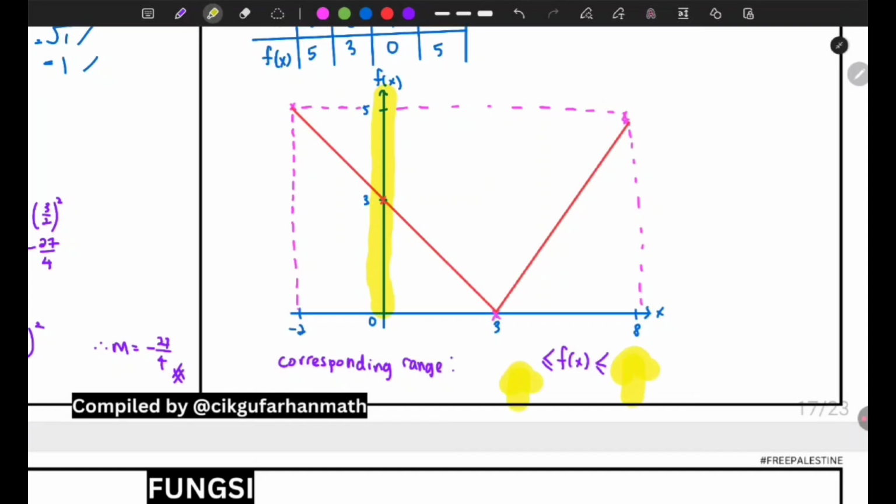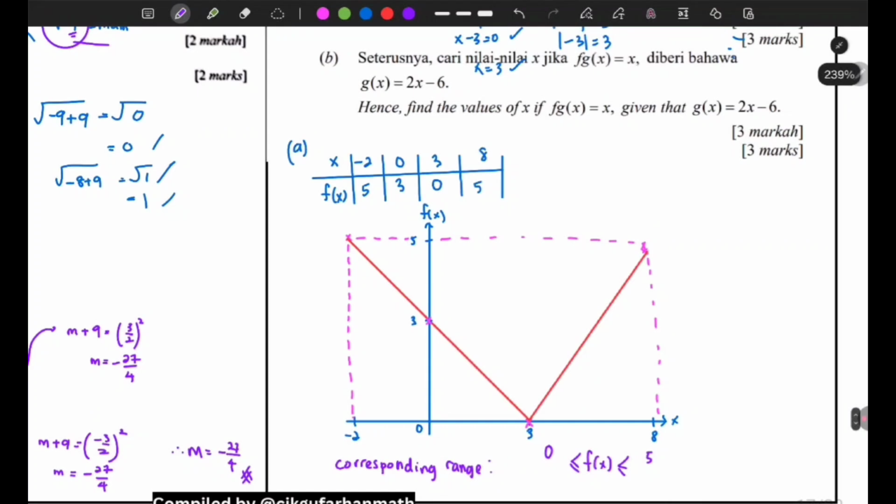Minimum here, maximum here. So the minimum is at 0 and the maximum is at 5, right? So yeah, 0, 5, done. So you're done sketching the graph.